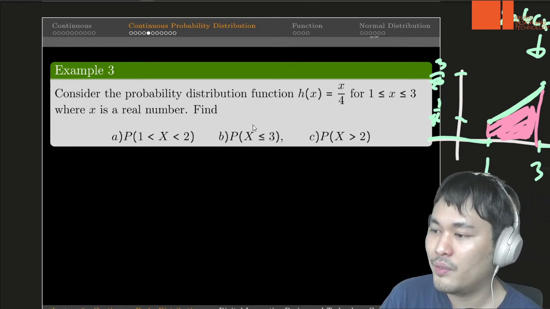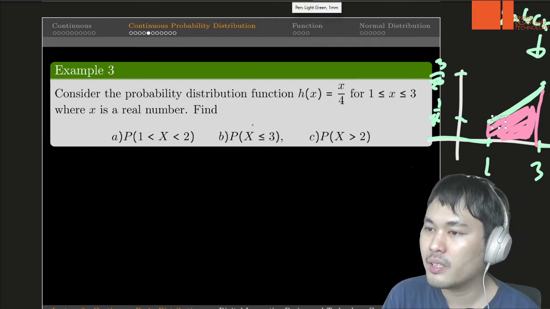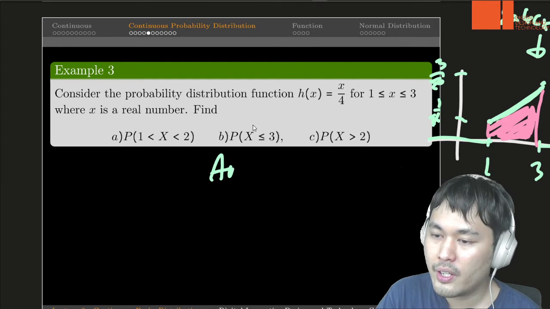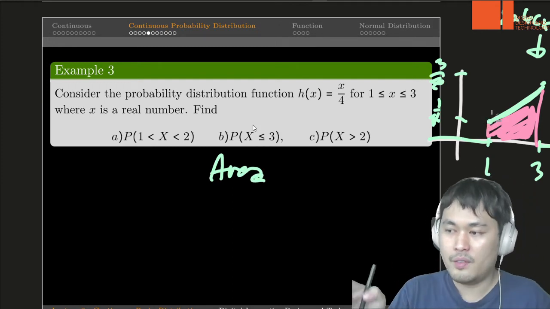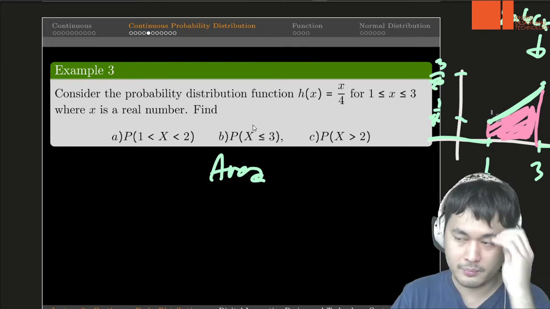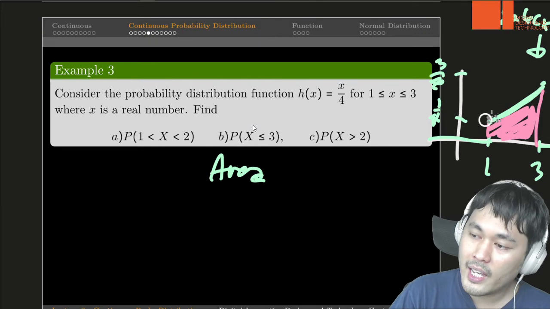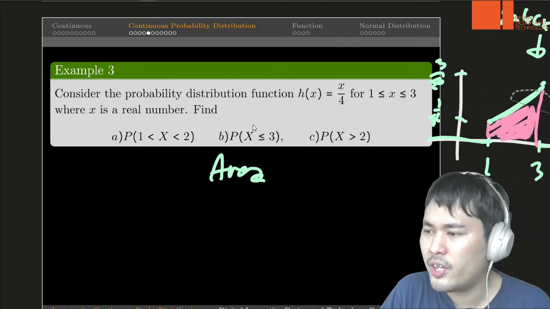We have to use a formula for that shape. If this green curve continued to the left and right, I would have to compute the area of the whole thing. But since it stops at 1 and at 3, I can only compute the area between these two values.